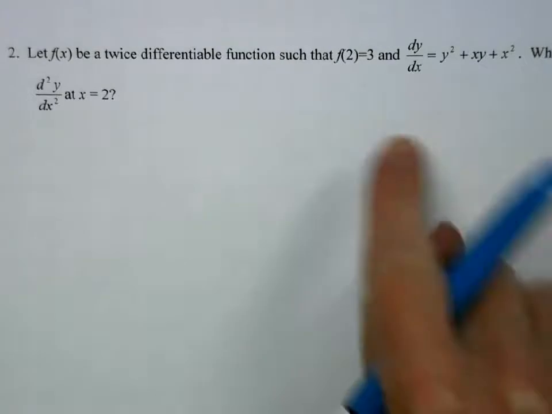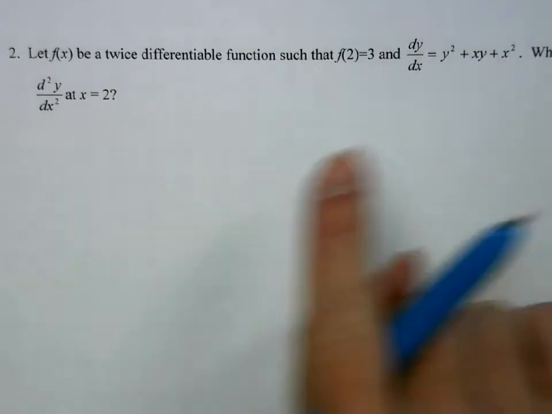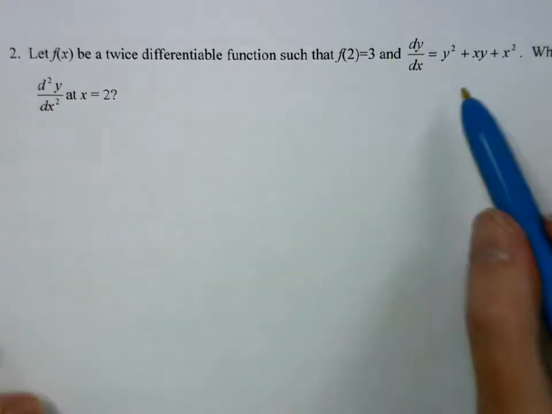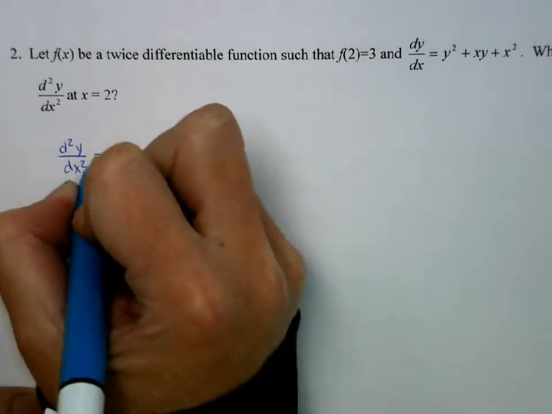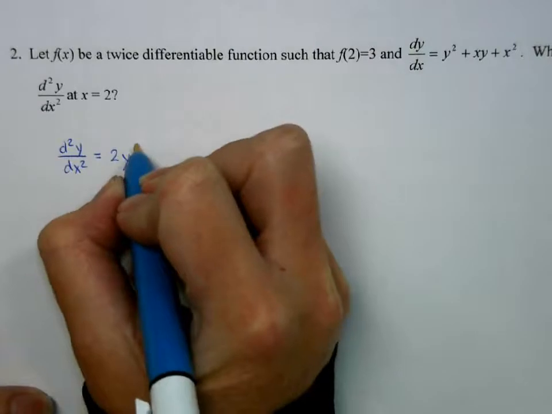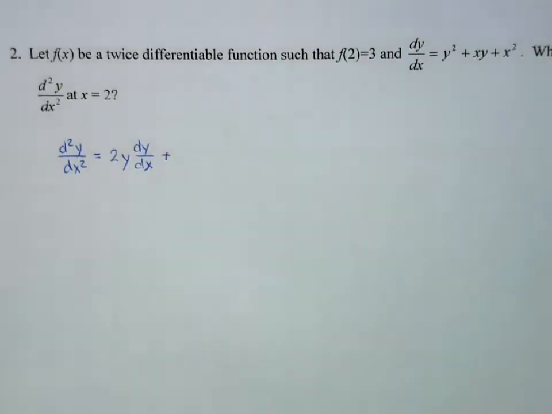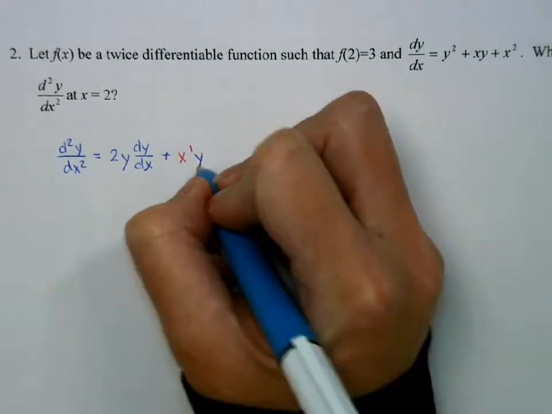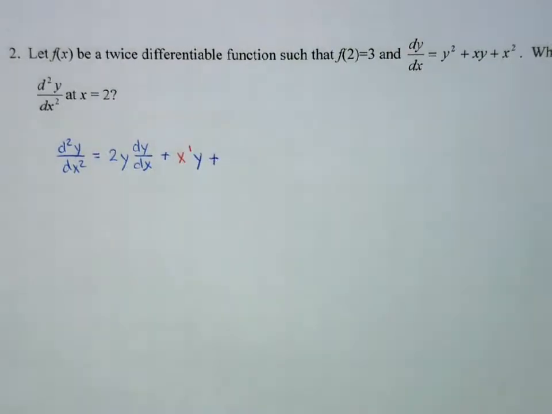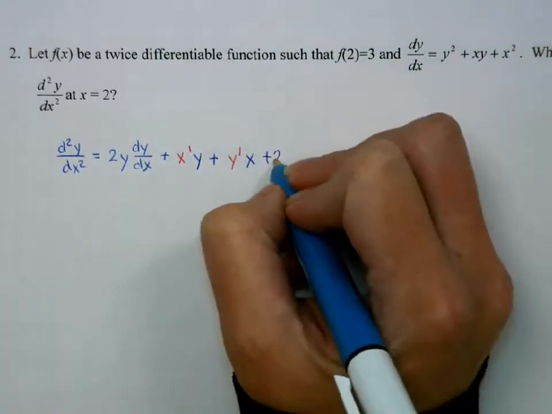Okay, we have a function such that f of 2 is 3. This is dy dx. What is the second derivative? So we're going to do this derivative implicitly. That's going to be 2y dy dx, plus I'm going to have to do a product here, and then plus 2x.